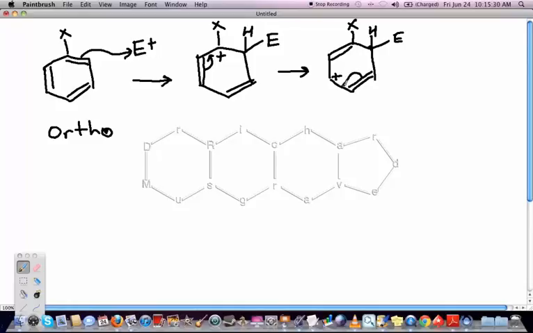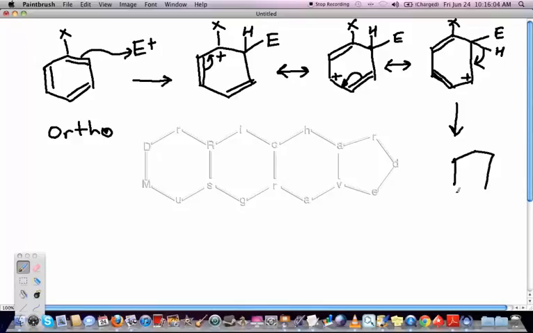I can also move this double bond as well, and that's a resonance structure we're talking about here. This is another possible resonance structure. And then we can lose the H plus and we can form our ortho product.